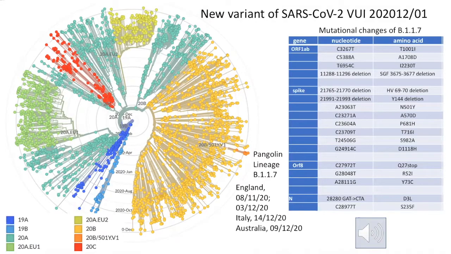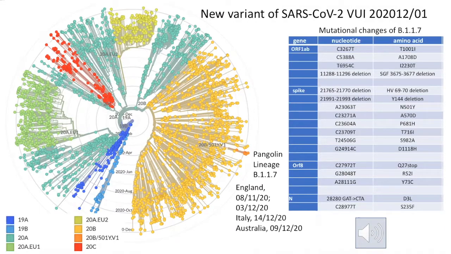Now, the original name of this new variant virus was pangolin lineage B117. That has now been renamed as VUI 2020-12/01. Okay, so if you see the sign VUI 2020-12/01, then that is the new variant, but it is the same as pangolin lineage B117.